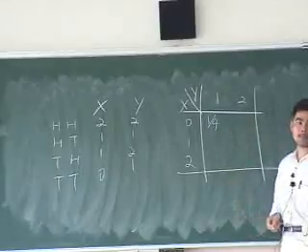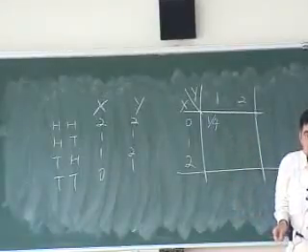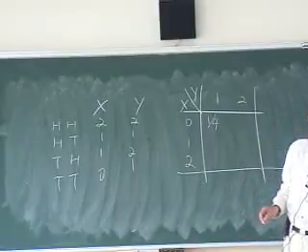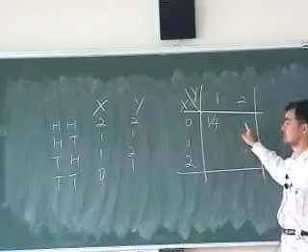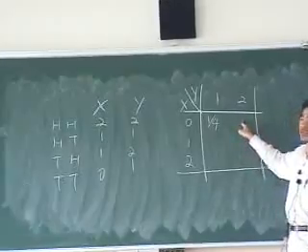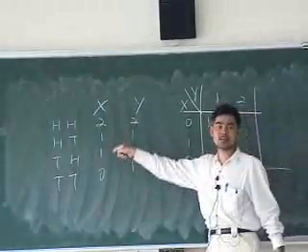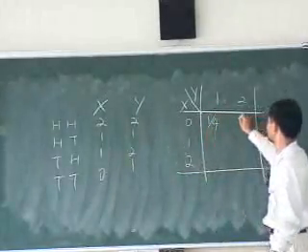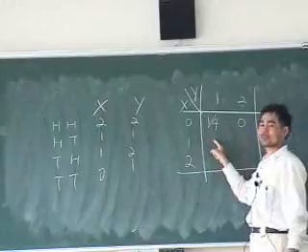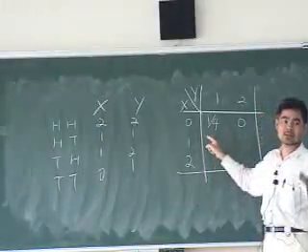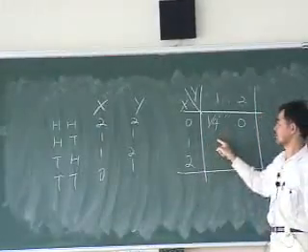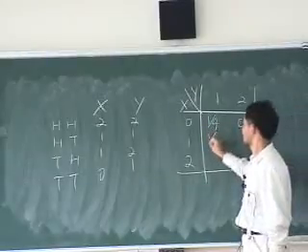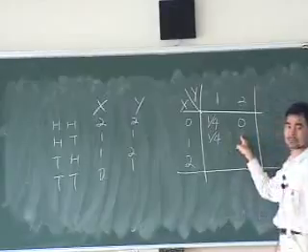It should be 0, because you cannot find anything there: x 0, y 2, nothing. Now x is 1, y is 1. What about here? It is 1/4. And then x is 1, y is 2.